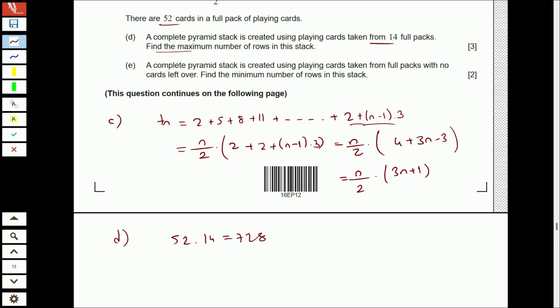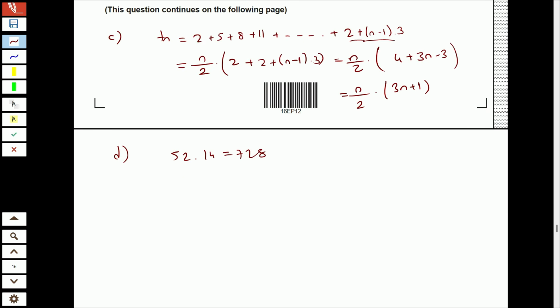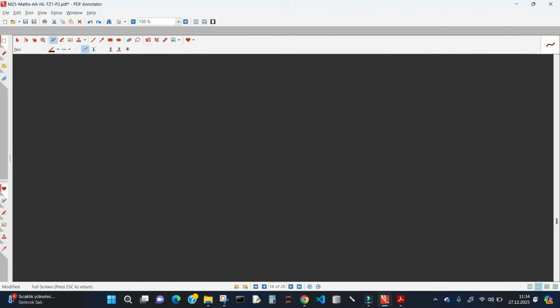And from here, I can say that the end term we found in the previous question, the number of cards, will not be greater than 728. Okay, and to do that, I will just multiply by 2. So let's draw a graph.